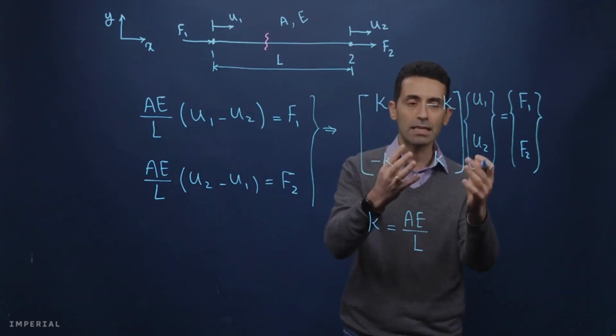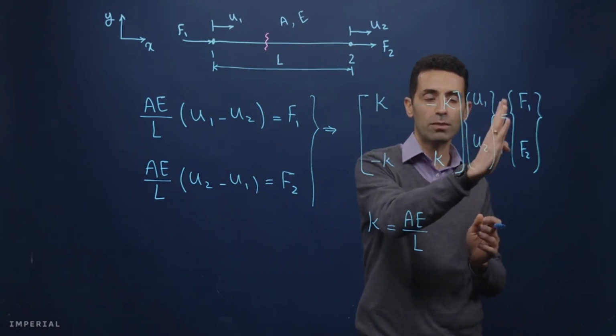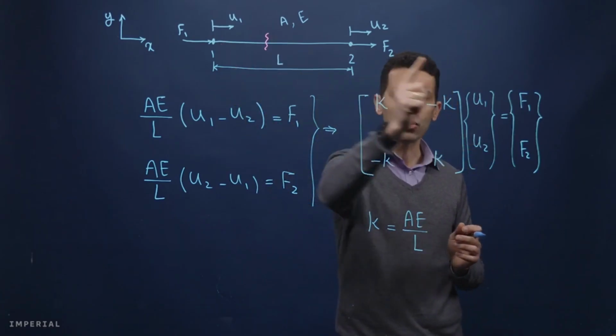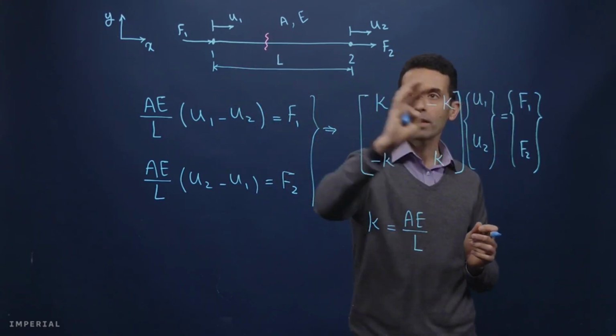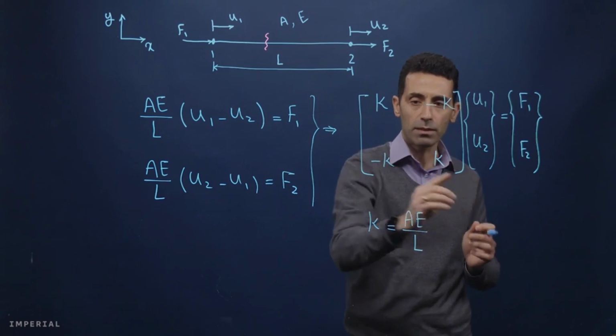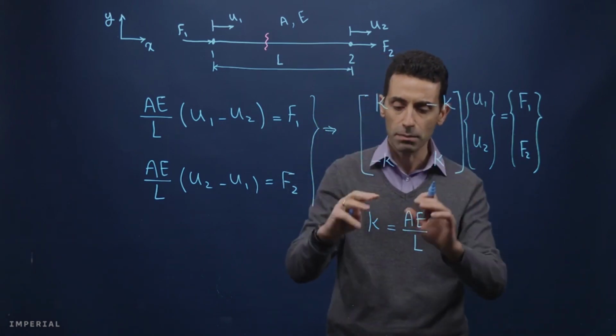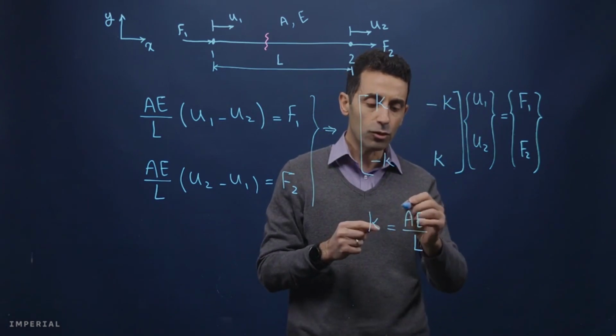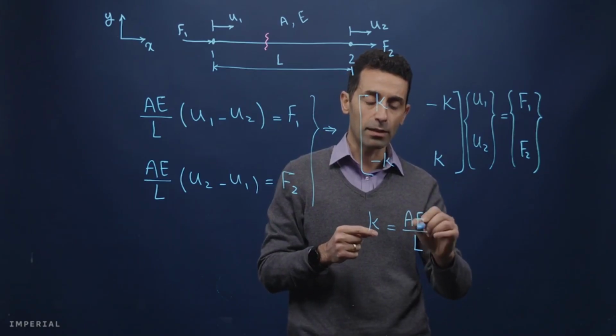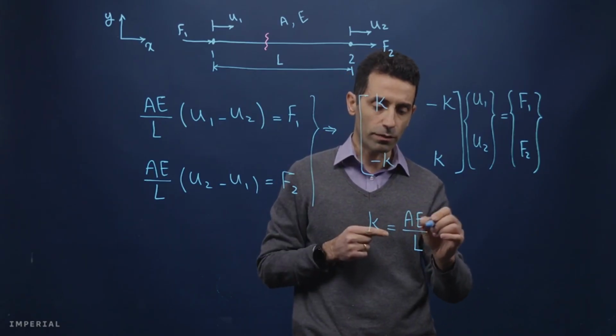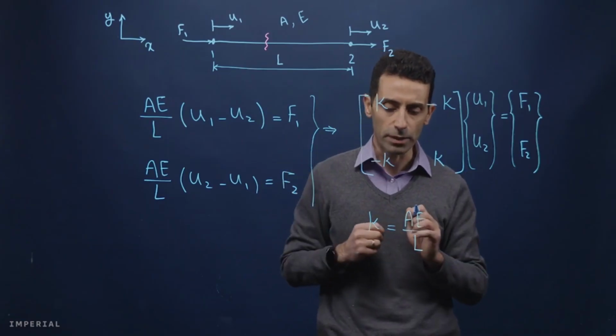So you can see now clearly the relationship between the vector of nodal forces, F1, F2, and the vector of nodal displacement through a matrix that is made of geometrical properties, which is A and L, and material properties of the truss element.